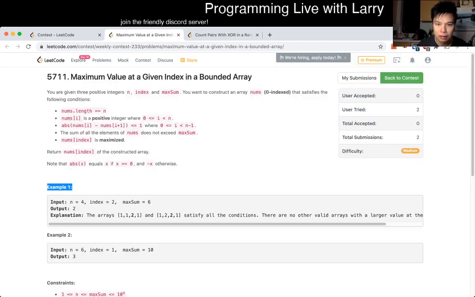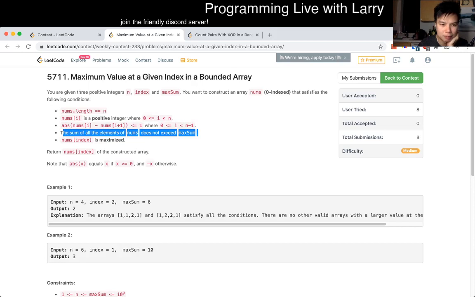Okay, so yeah. Length is n. Where i is, okay, so the thing is less than i, and the adjacent value is 1. I mean, this is always going to be true anyway, as long as it's positive.